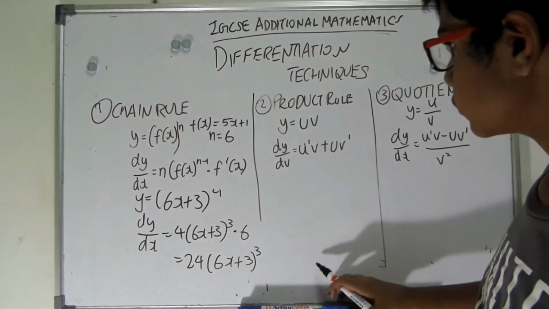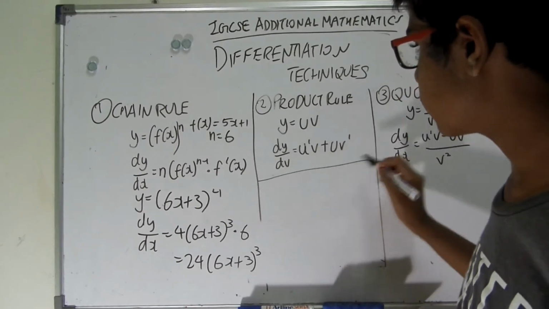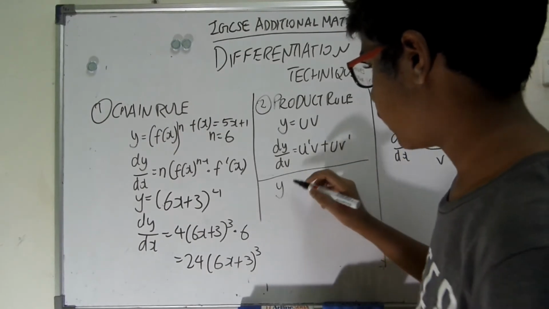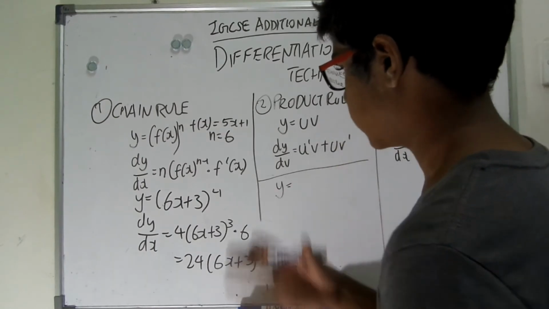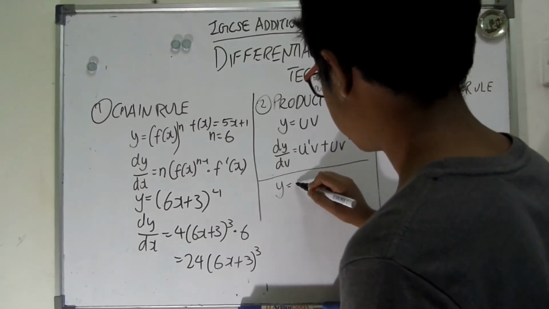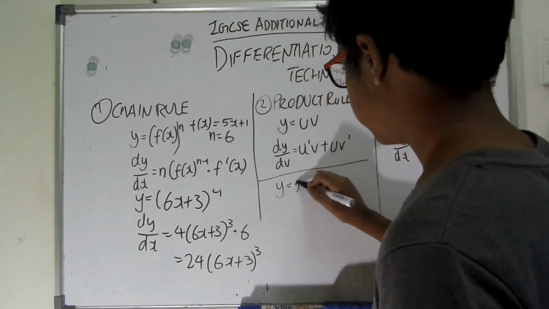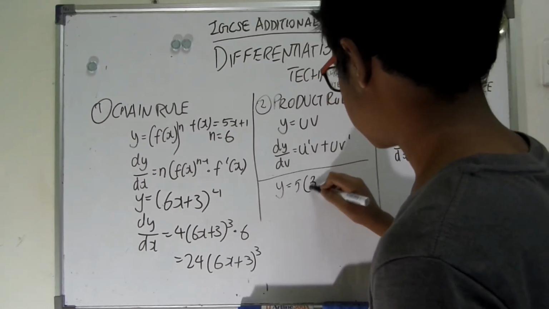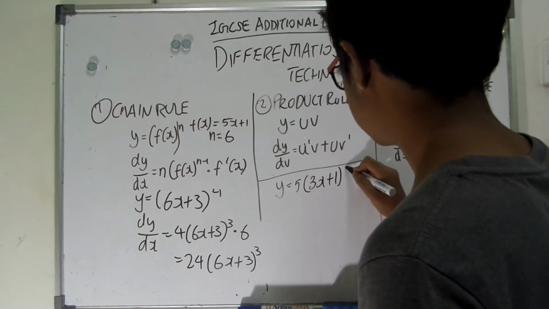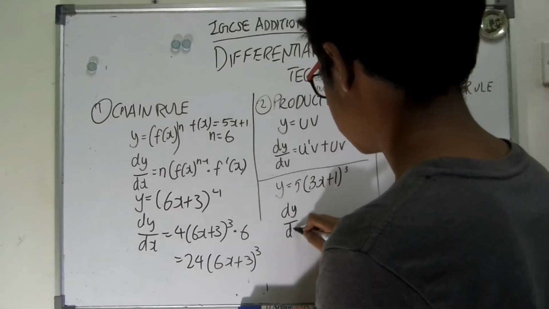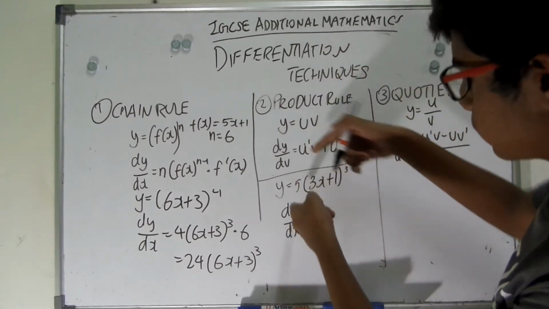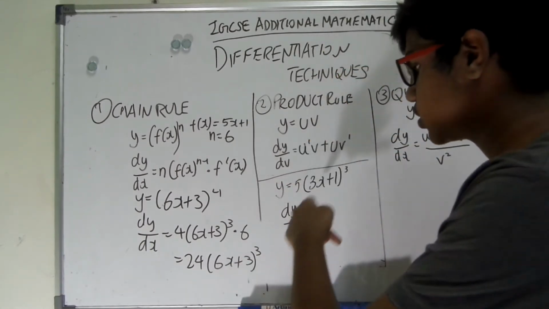Now, getting to slightly harder questions. Let's say you have a number in front of the entire thing, so you already have a 5 in front, then (3x + 1) to the power of 3. We apply this to dy over dx, going forward 3 times 5, assuming there's an integer before the entire thing.